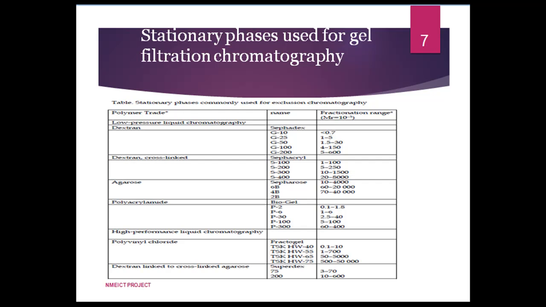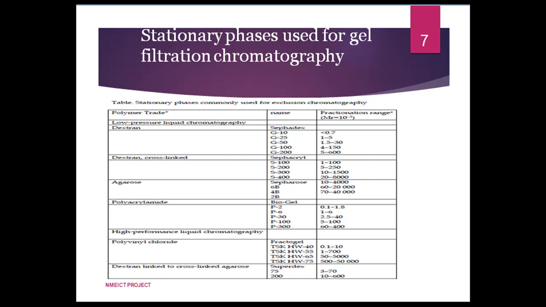Similarly, polyacrylamide is also available as a support matrix, and it is available as Bio-Gel, such as P2, P6, P30, P100, P300, to separate different molecules based upon their molecular weight. This is about different types of matrices used in low pressure liquid chromatography.